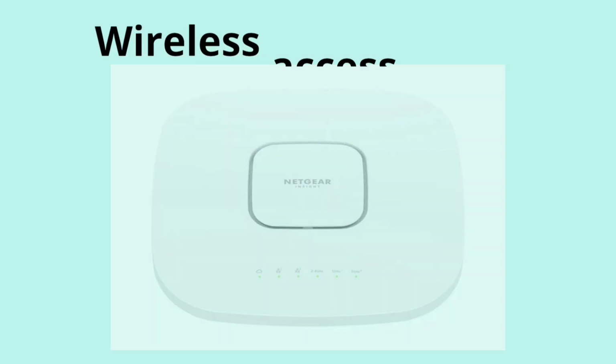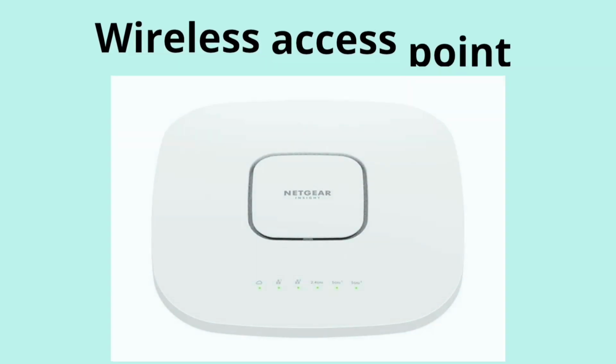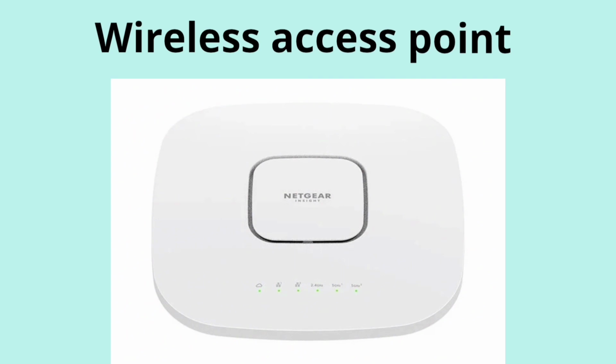Wireless access point. Many local area networks are hardwired with Ethernet cable. The alternative is Wi-Fi, which is a radio technology. If the computer or laptop has Wi-Fi built into it, then it will search for a wireless access point in order to connect to a network. The hardware device is called the wireless access point or WAP.